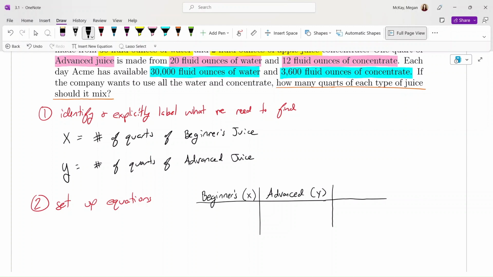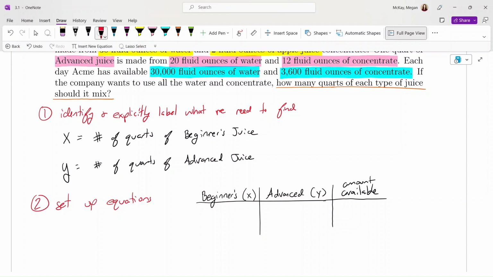And then the third column, this is going to be the amount available, for example, the amount that Acme has available in a given day.